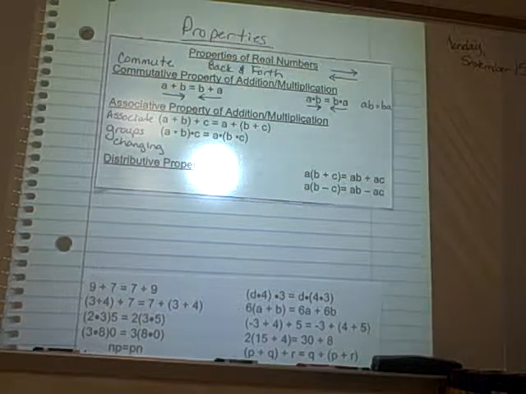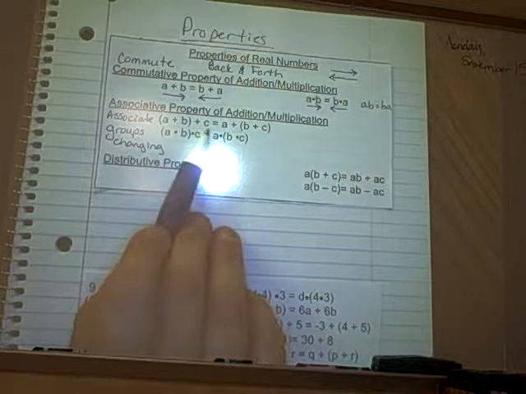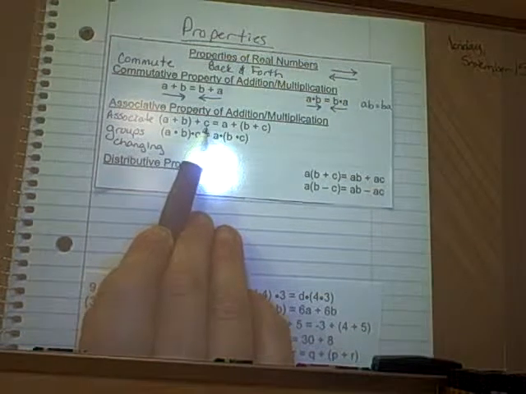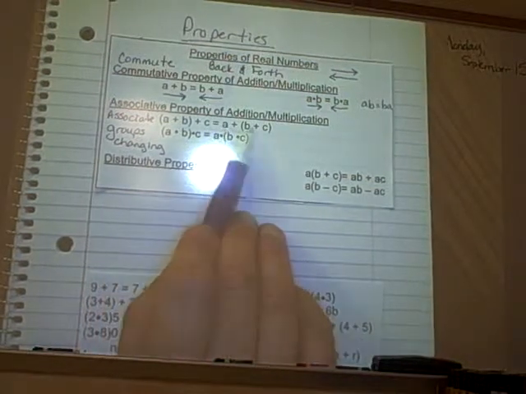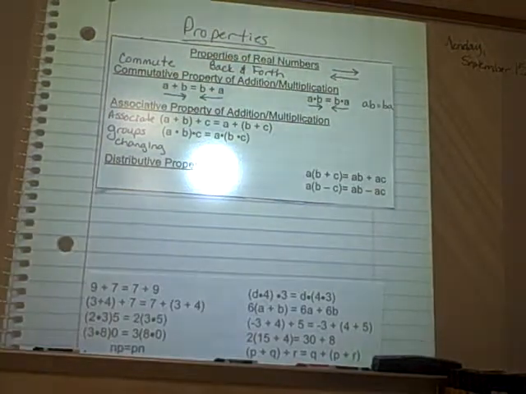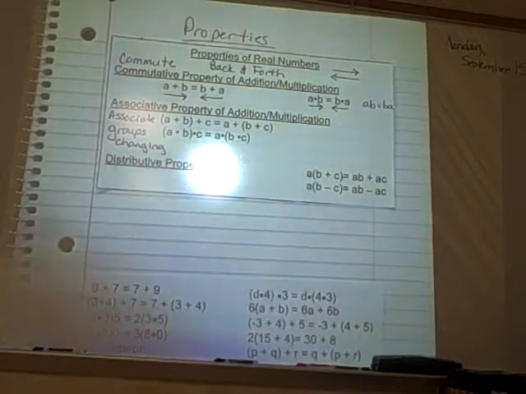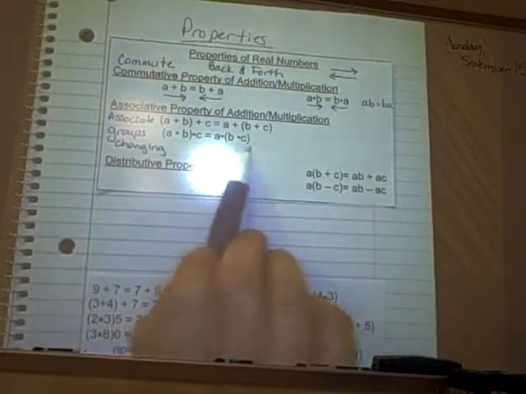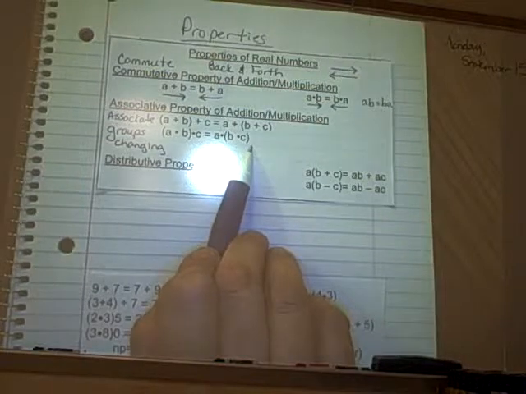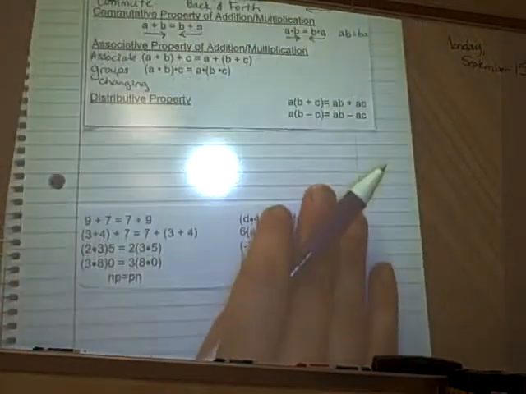Like at lunch, A and B are sitting together, but there's not any room, so C has to sit by themselves. The next day, A shows up late, but B and C are already at the table. So it's the same exact thing, just grouped a little differently. A and B in the group here, B and C in the group there. So if the group changes, it's associative. If you switch the grouping around.